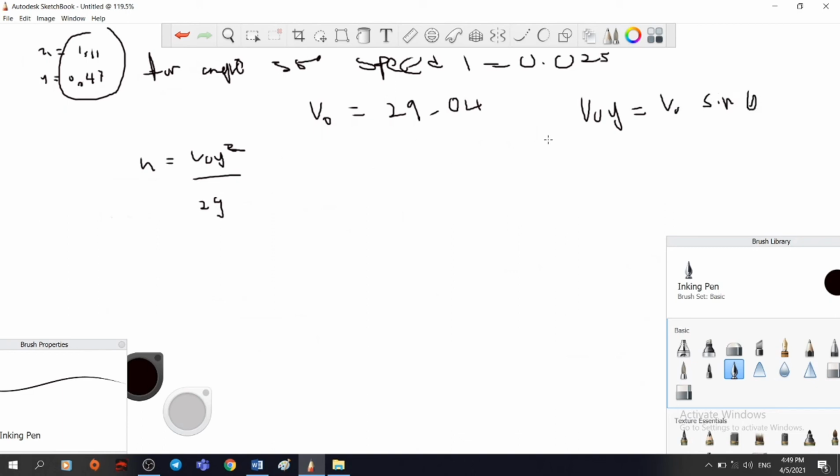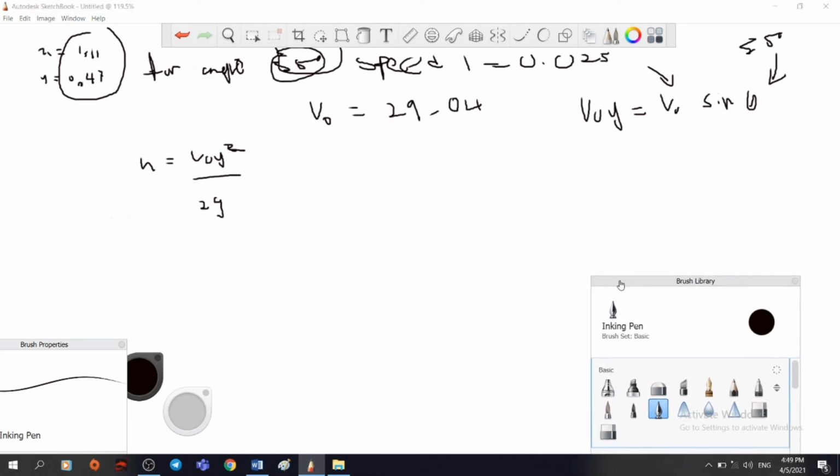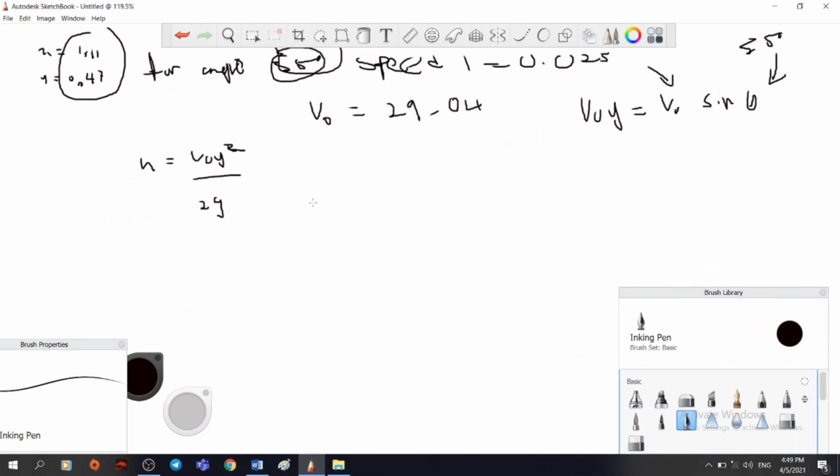So we insert the velocity, and theta is the angle that we use, 35. The calculation is 29.04 multiplied by sine 35, squared, over 19.62.